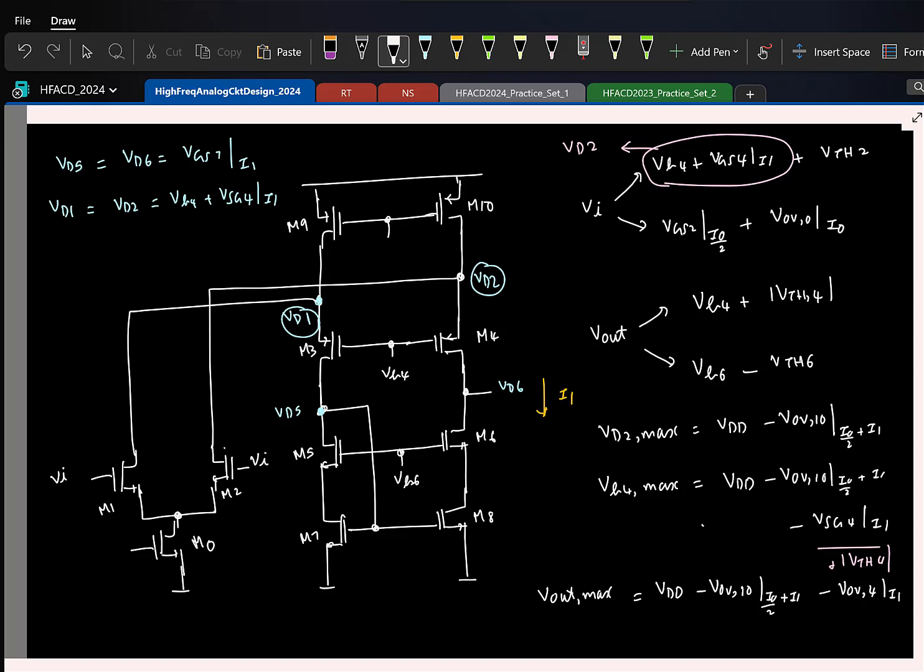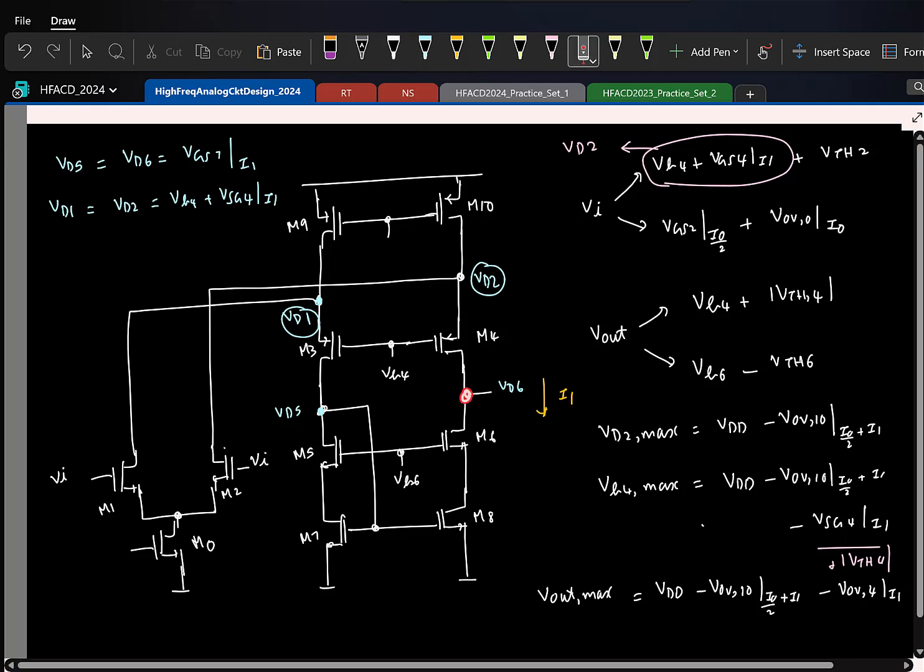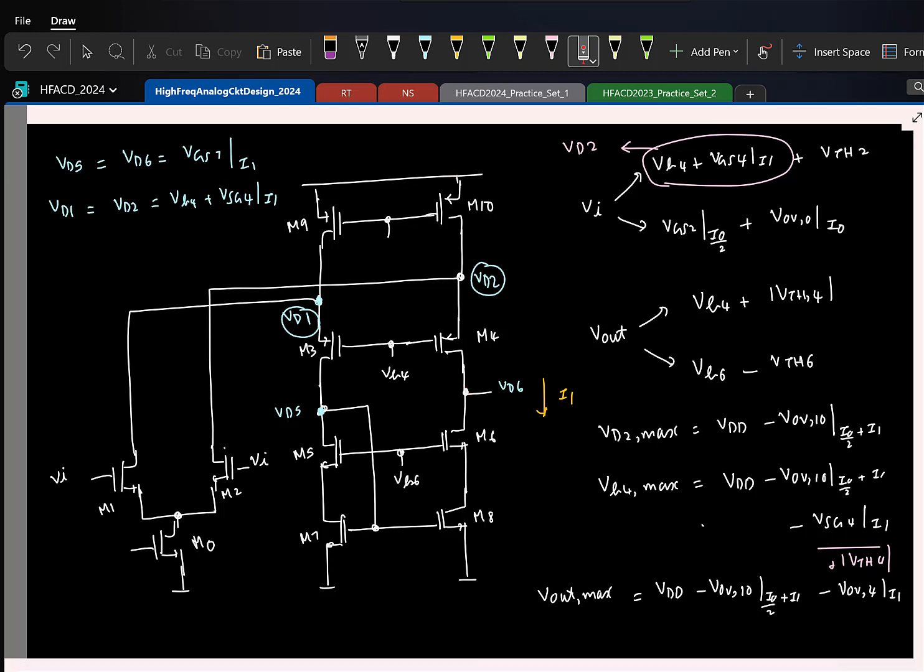Once again, it appears that the maximum we can have is the supply minus the two drain to source drops, VDD minus overdrive of M10 minus overdrive of M4. And remember, that is possible because we can apply this gate voltage to this value. Fundamentally, the maximum at the output is limited by VB4. Since we have free control on VB4, I can maximize it and get this.